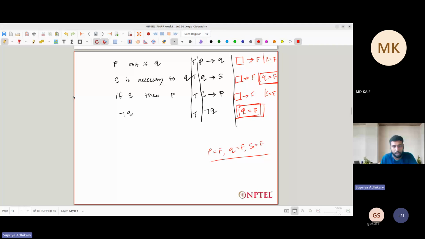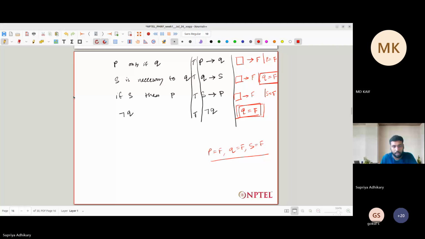Now, using De Morgan's law, we can write the negation of the conjunction as the disjunction of the negations, and again the disjunction is handled by De Morgan's law.